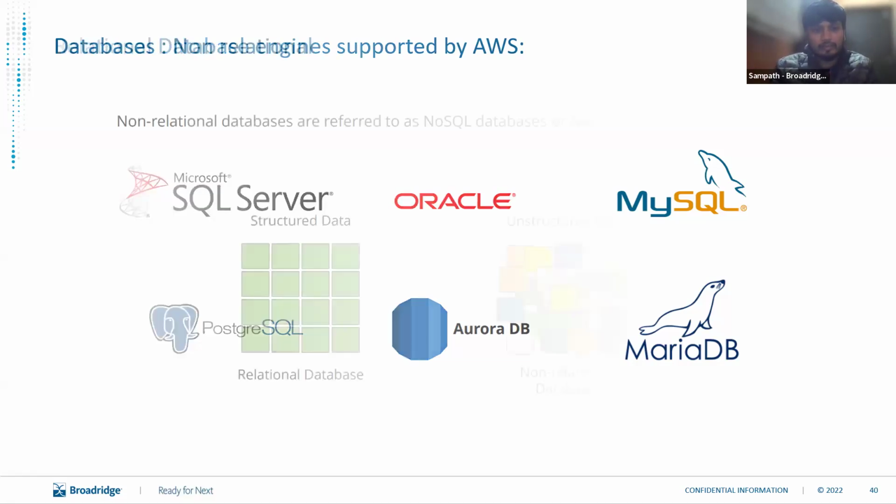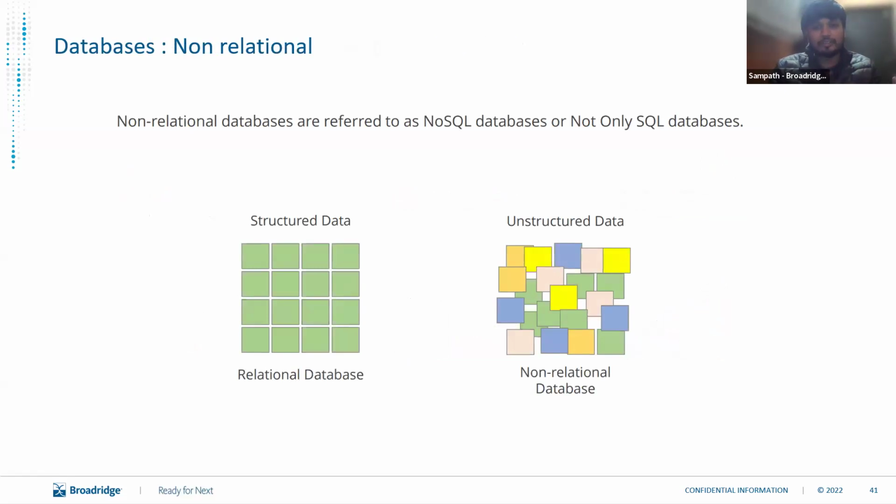Now, what is non-relational? Non-relational, as I mentioned, is not structured, so it's mainly unstructured data. Let's say for OLTP, online transaction applications, which could be e-commerce or wherever you need OLTP, you would use relational databases.